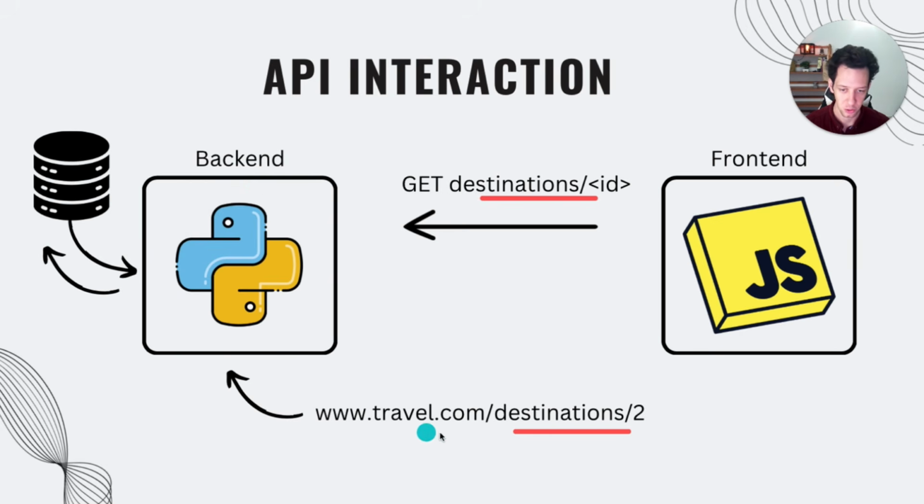So here would be your domain in the backend, right? The front end is making a request that's giving you a new URI. It's a get. It's trying to get a destination. This is your URI. And this URI is going into the backend, right? That's really the interaction we have here between front and back end.